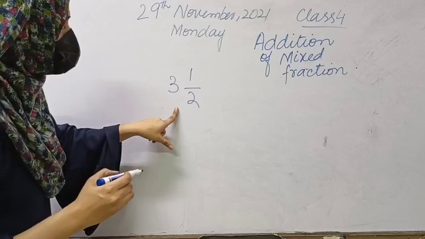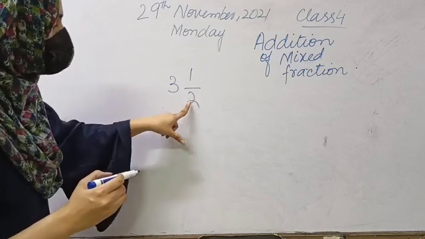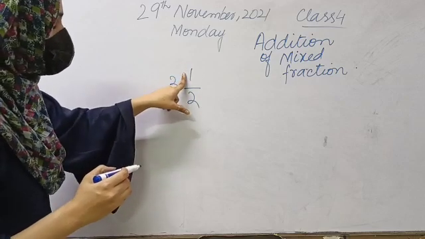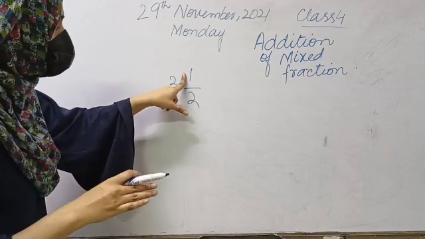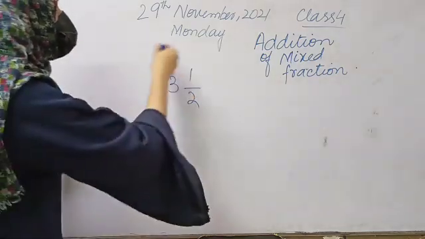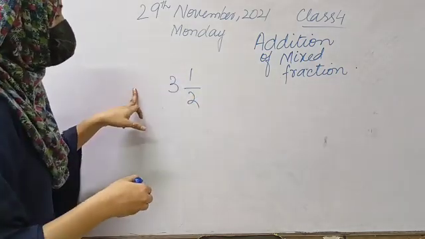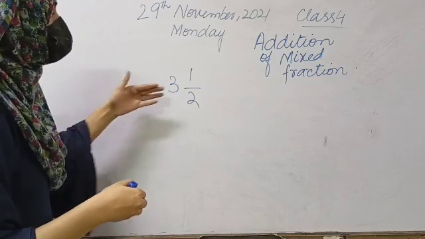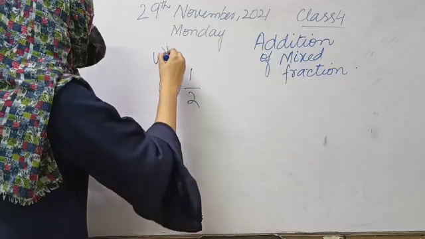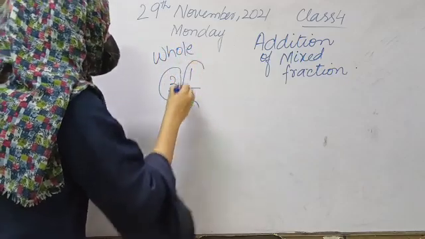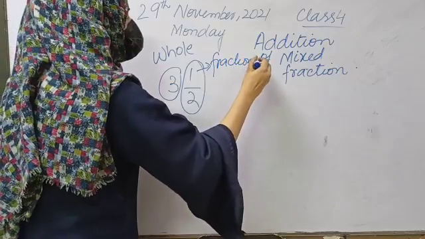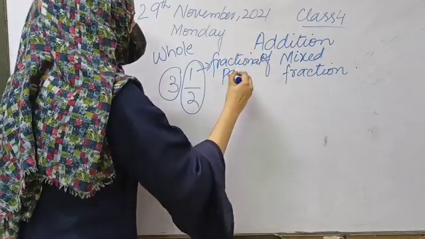It simply means total number of parts is 2 and the number which are used is 1. So in total we will read as 3 1 by 2. This is a whole part and this is a fractional part.